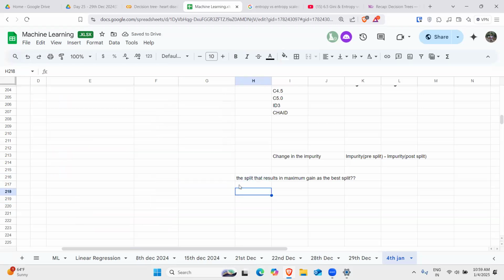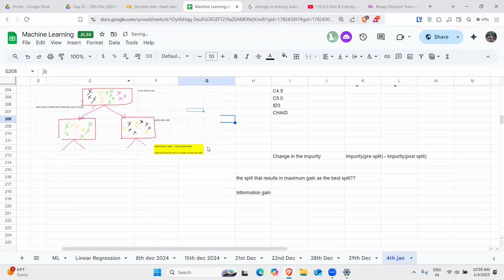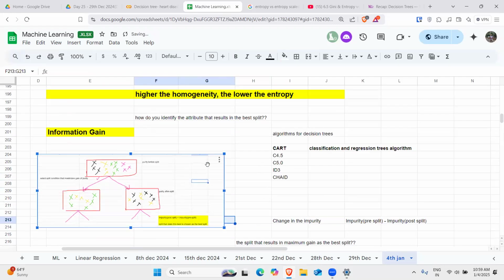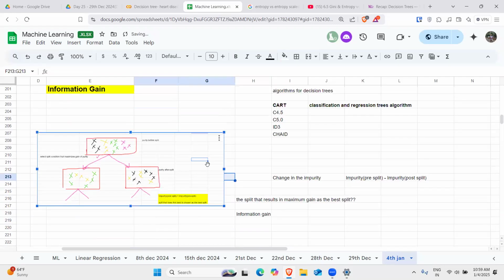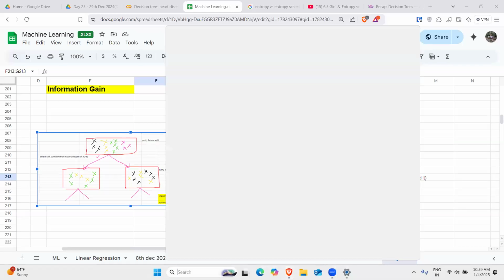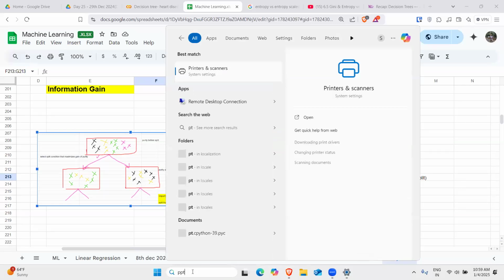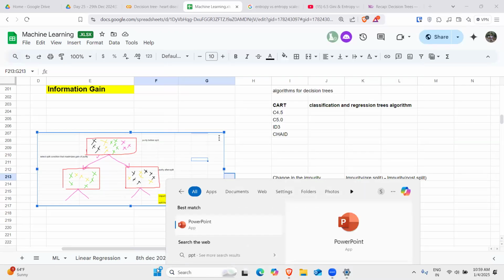So that's what your information gain is. Now, let us understand this by taking a real-time example.